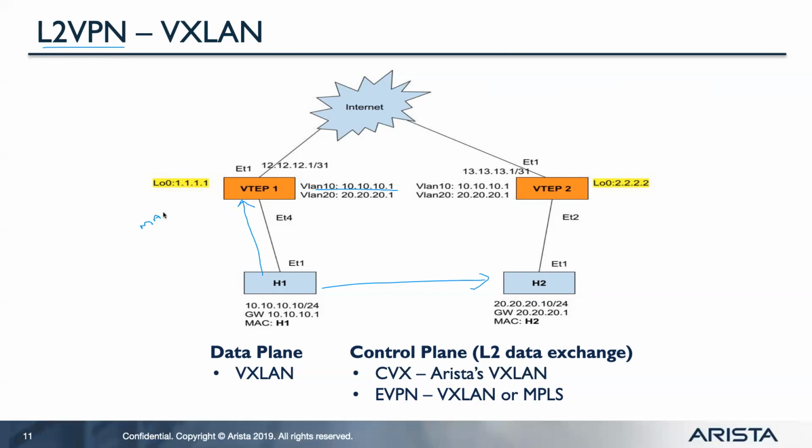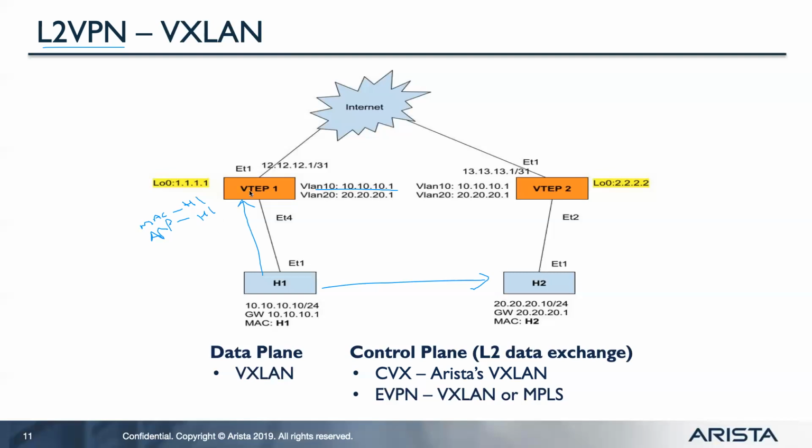We will learn the MAC address of H1 and also the ARP of H1. As soon as we receive the ARP request, H1 sends an ARP request for the gateway, so we learn the H1 MAC and ARP here.